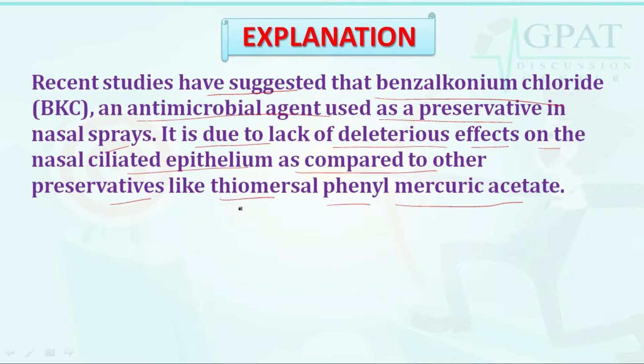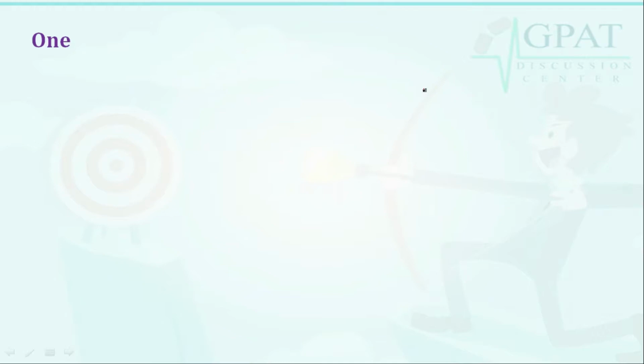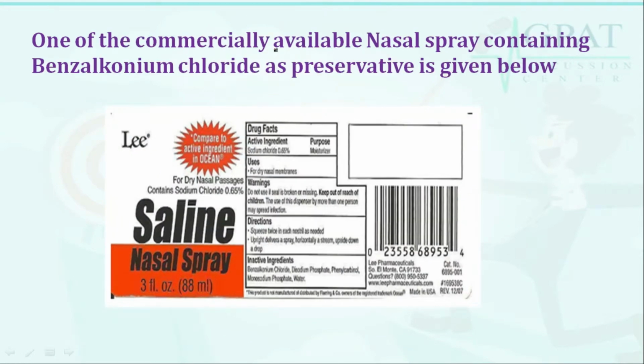Means these have more side effects in comparison to benzalkonium chloride. So benzalkonium chloride is used as a safe preservative. And one of the commercially available nasal sprays containing benzalkonium chloride is saline nasal spray. So it's all about this question.